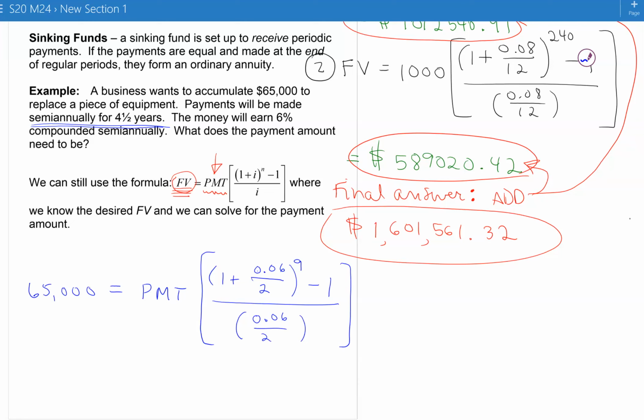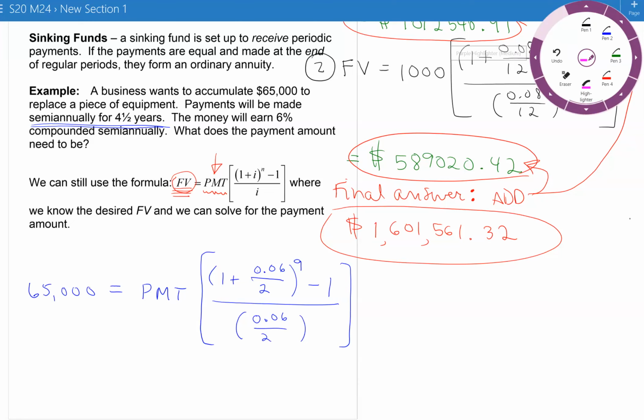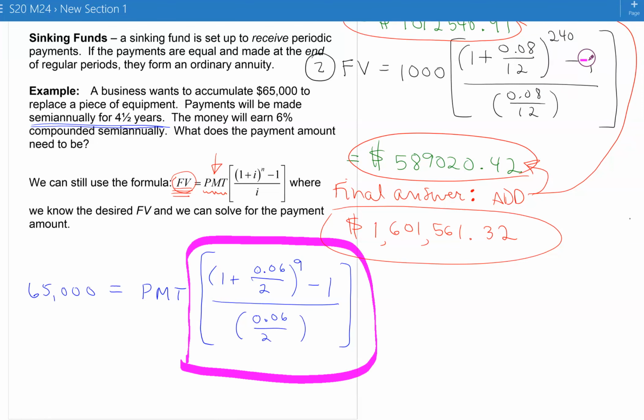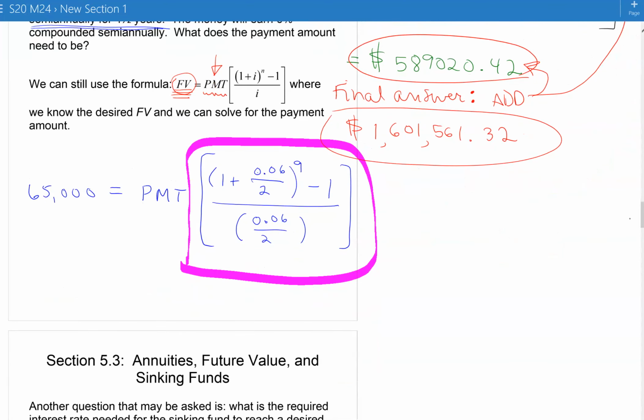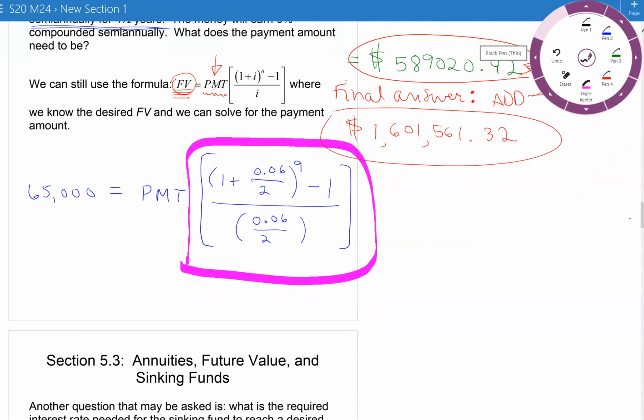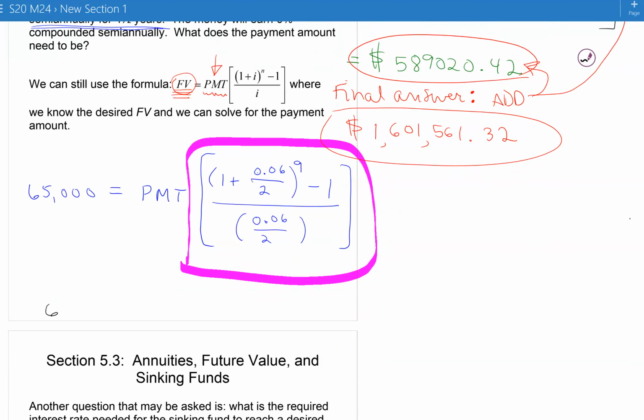So now what I would do is calculate the amount in the square brackets on my calculator, and then I would do 65,000 divided by answer.